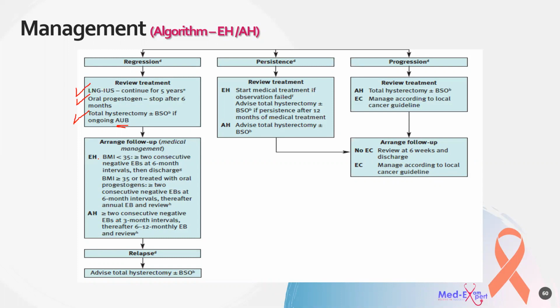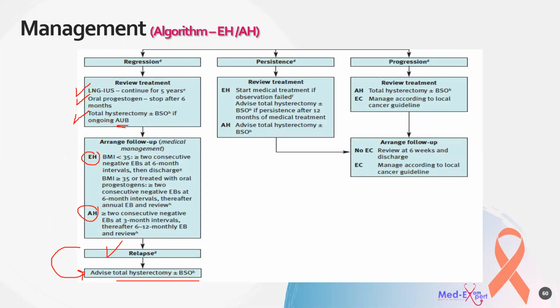Under any circumstances, even after endometrial hyperplasia without atypia or atypical hyperplasia, if relapse occurs at any stage, then immediately counsel the patient to have total abdominal hysterectomy. If persistence, then also advise total abdominal hysterectomy, especially if persistence after 12 months of treatment.